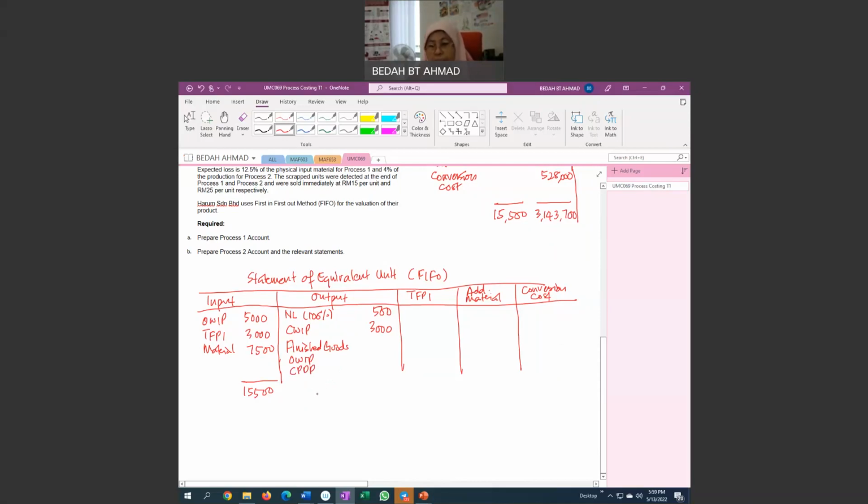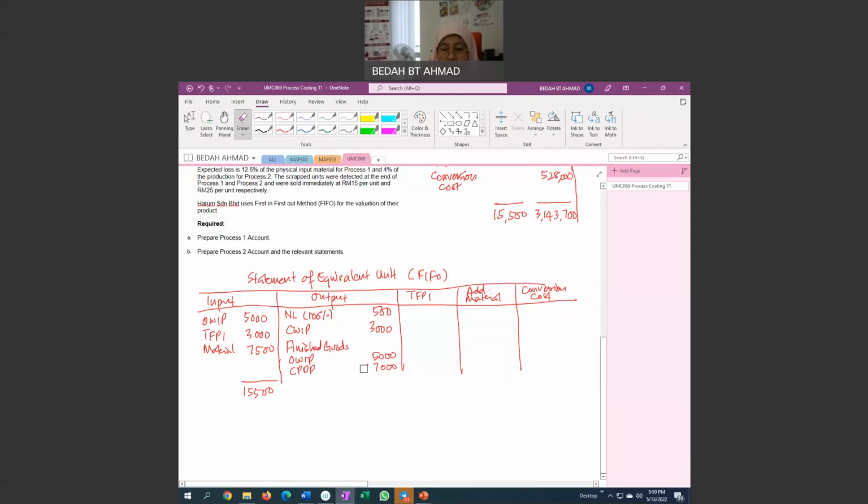So that is the material added and completed during the current period. Here, opening work in progress, we have 5,000, and our finished goods is 12,000. That means the balance is completed production during the period, which is 7,000.